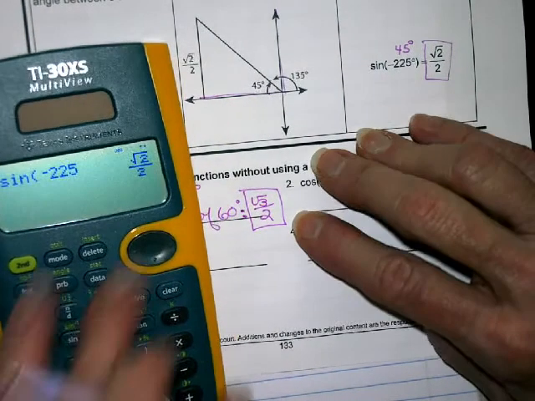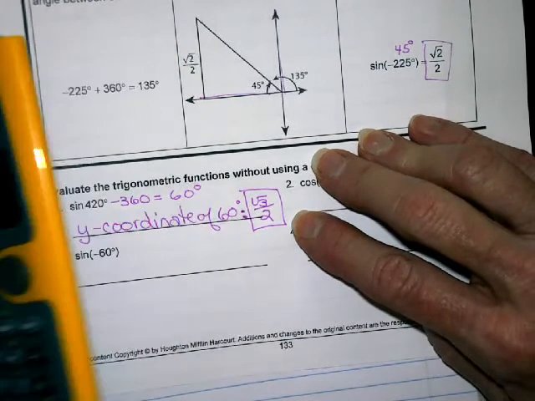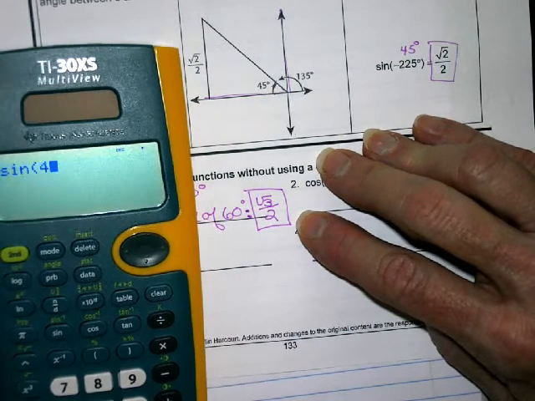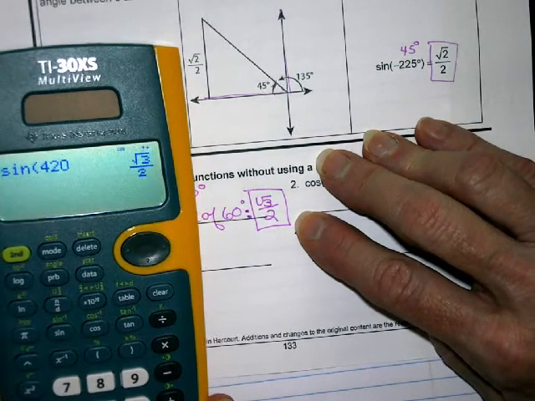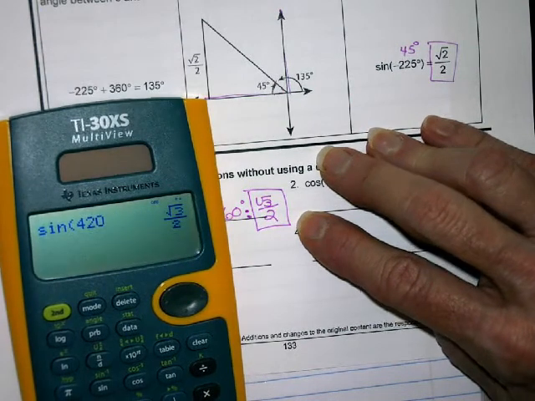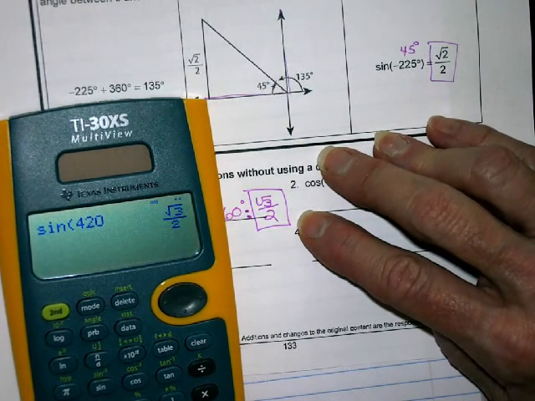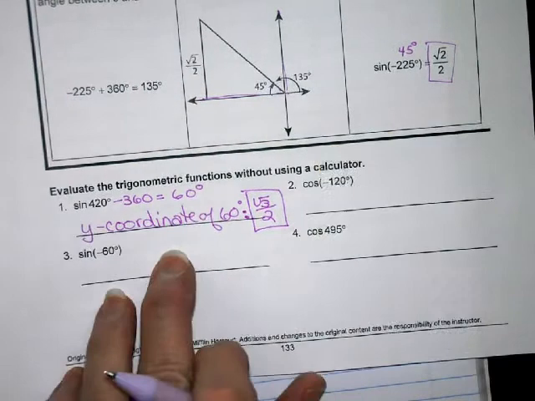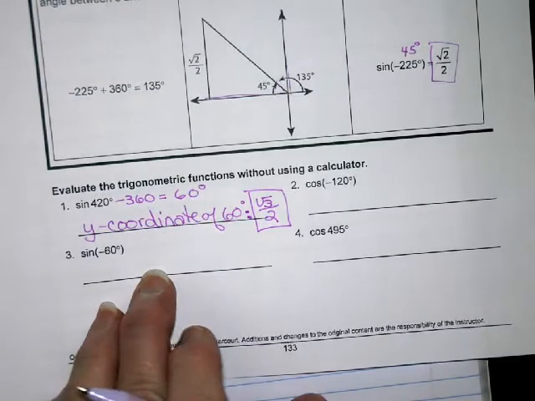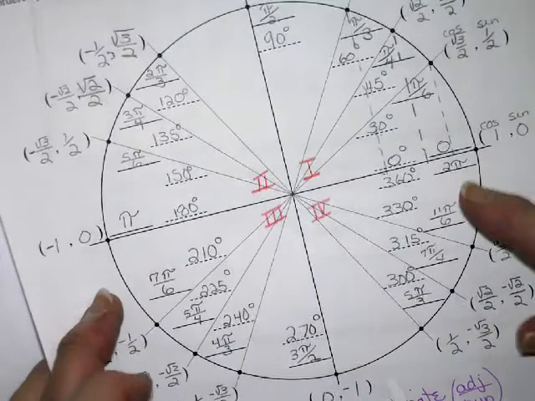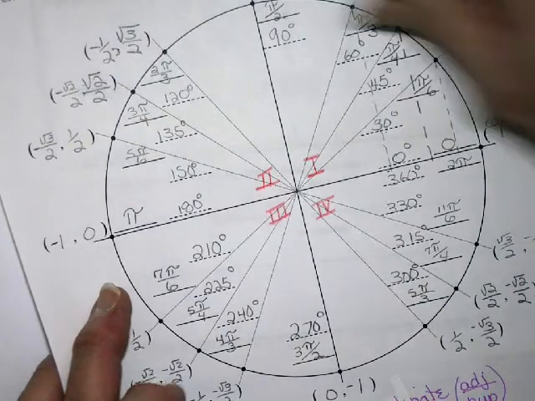And my calculator, I'm going to put in the sine of 420 degrees. There it is. They still want you to be able to read this unit circle. Now, not all things are found on the unit circle.